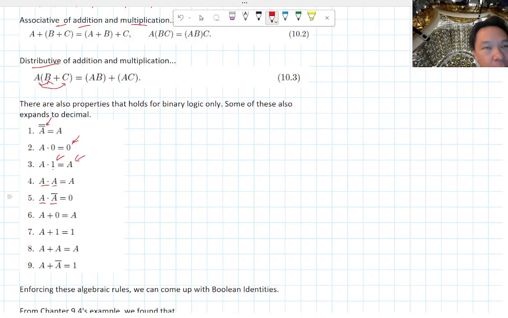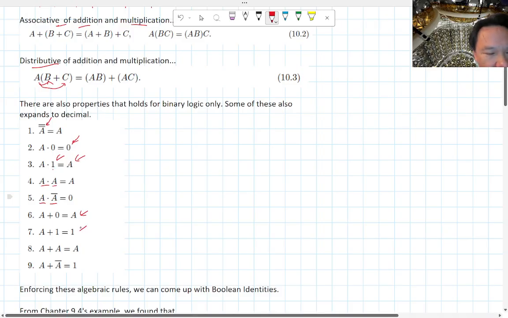If you multiply anything by its opposite, it will give you 0, because if A is 1, then it's 1 times 0, that gives you 0. If A is 0, 0 times 1 still gives you 0. If you add 0 to anything, it still gives you the same thing.